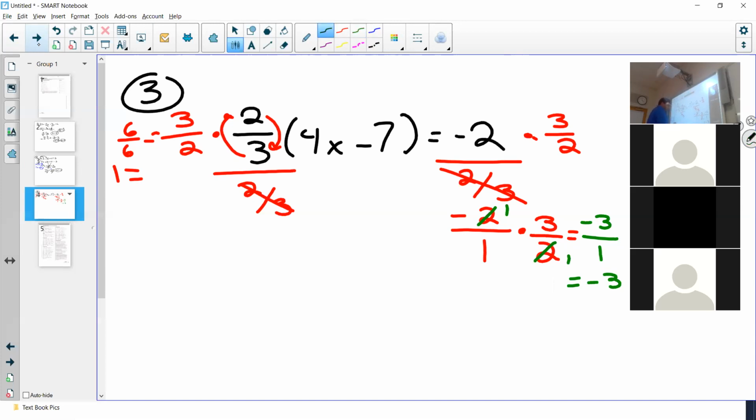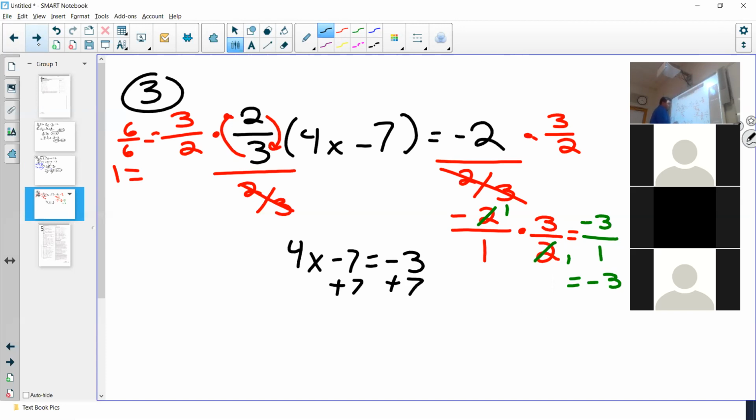So I'm going to rewrite my whole equation. I don't need the parentheses anymore. 4x minus 7 equals -3. Then it's a one-step equation, plus 7, plus 7.